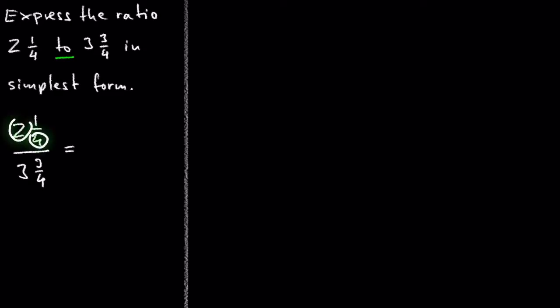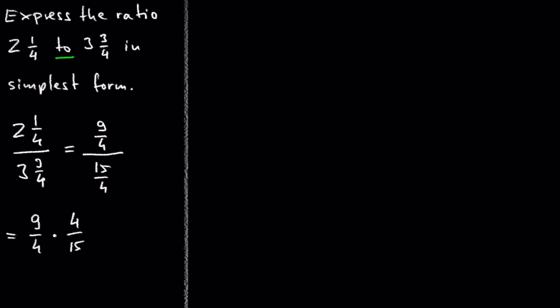4 times 2 is 8, plus 1 is 9. So we get 9 over 4 divided by 4 times 3 is 12, plus 3 is 15, 15 over 4. We can write 9 over 4 divided by 15 over 4 as 9 over 4 times 4 over 15.